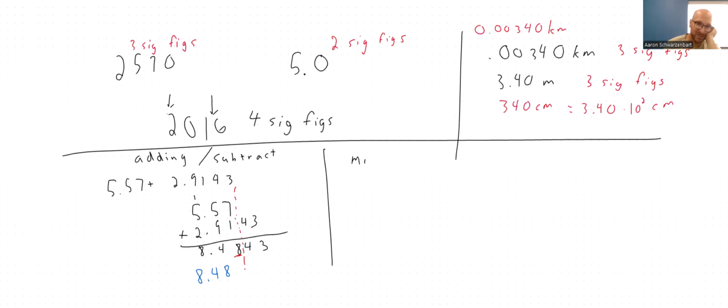Multiplication and division. I suppose I do know how to multiply it by hand.